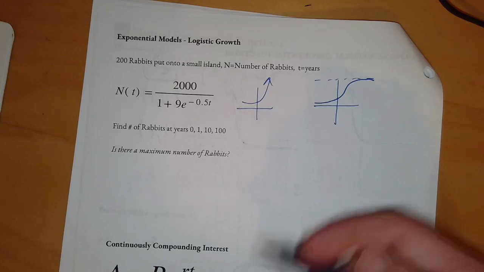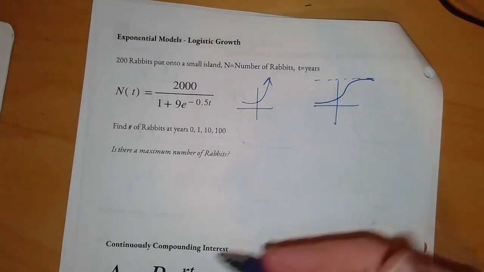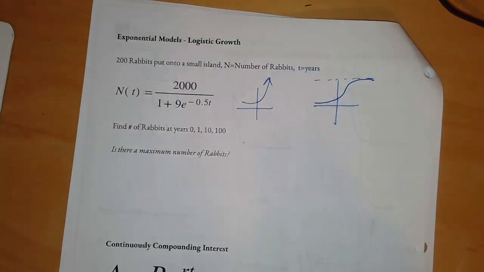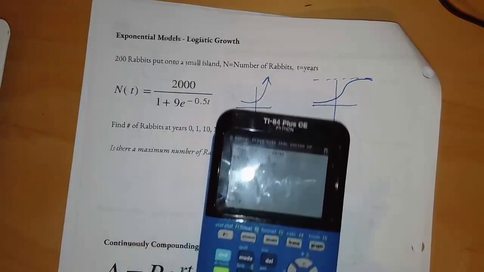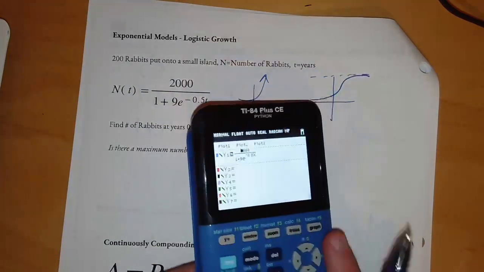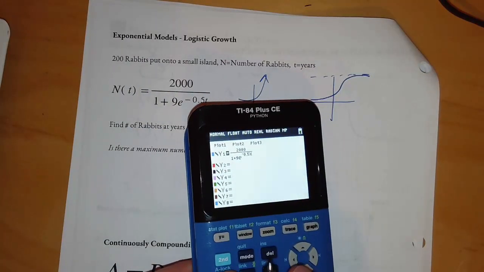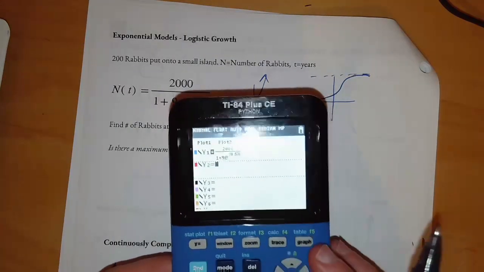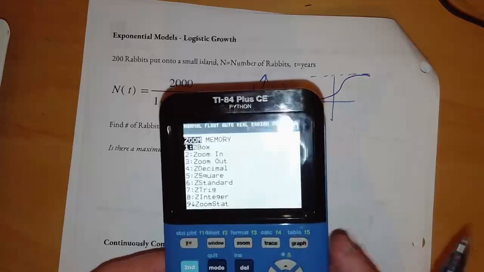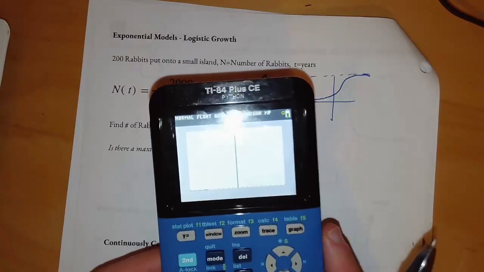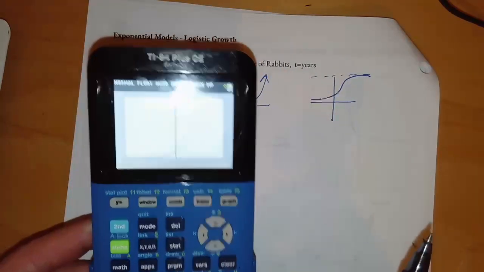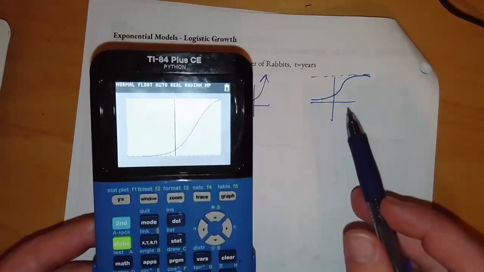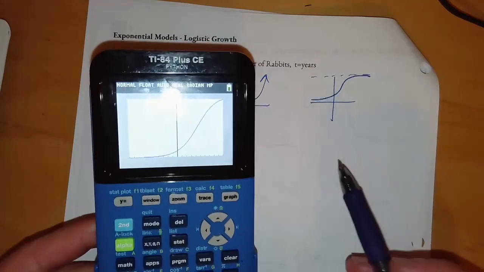And so in this case, we're talking about rabbits. We have this function, and we can plug this in right here, like so. Right here, I used the alpha and the x to get that fraction to show, and then I'm going to do zoom 0 to show roughly how this graph looks. Okay, and you can see it's following that rough trend that I graphed over here.